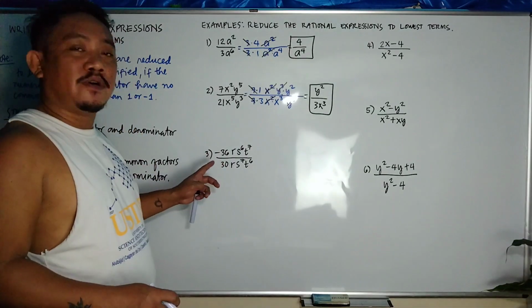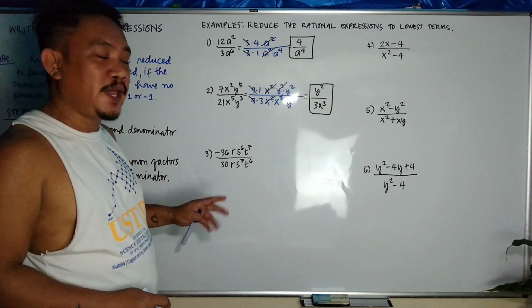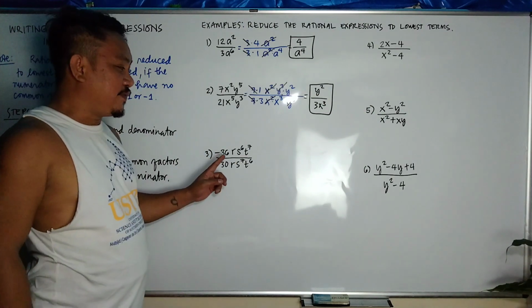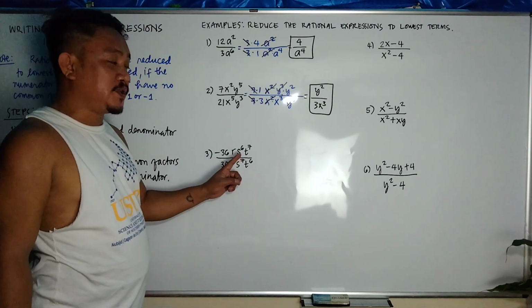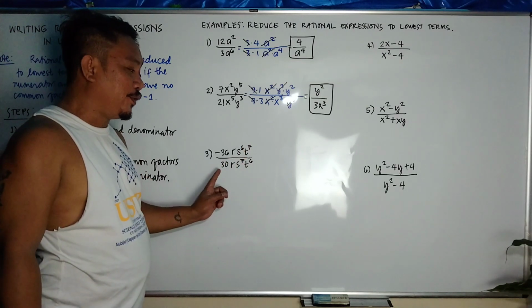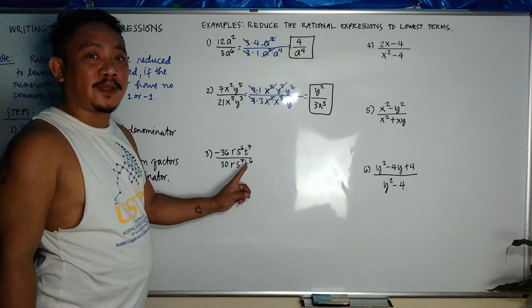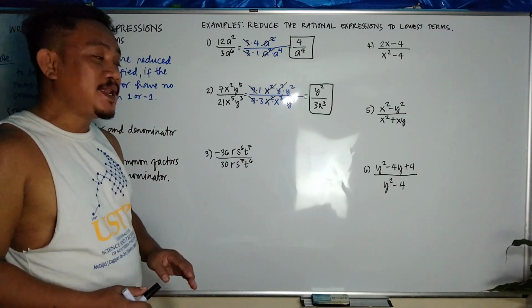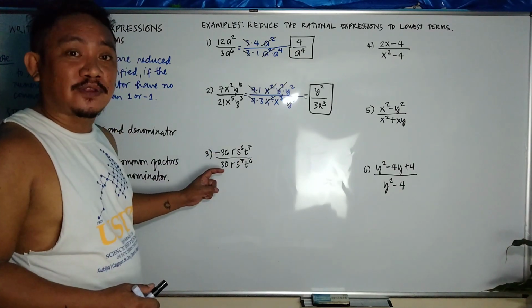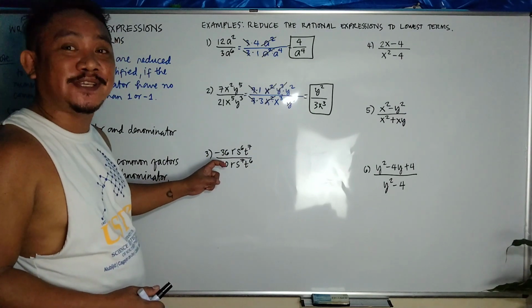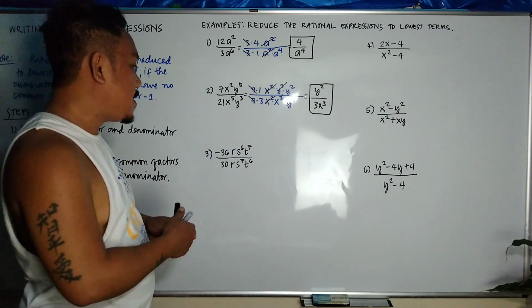So, we are now on our example number 3. Okay? So, we are given negative 36r s to the 6 t to the 7 over 30r s to the 7 t to the 6. Okay? So, again, we will look for the common factors of these numbers 36 and 30. Okay?